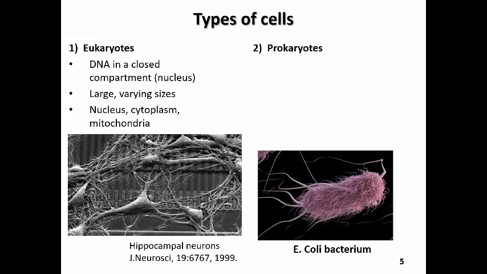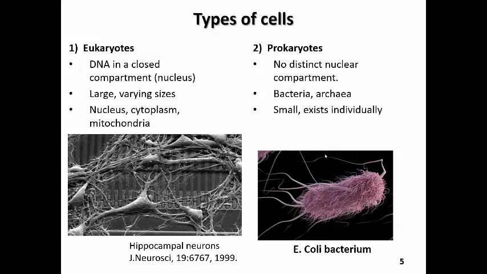The other type of cell is the prokaryotic cell, or simply referred to as prokaryotes. These are single-celled organisms that do not have a distinct nuclear compartment, and these include bacteria and archaea. Archaea are single-celled organisms that typically reside within hostile environments on Earth, such as hot springs.